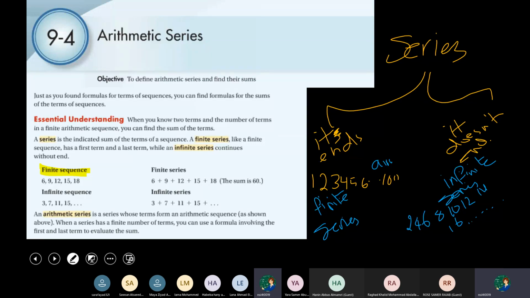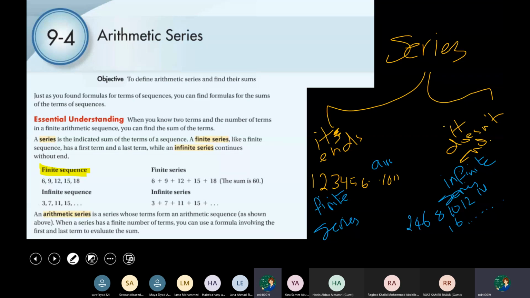As you see here, 6, 9, 12, 15, 18. They are ordered numbers. They have a common difference. They are arithmetic. But it is a sequence, not a series, and it is finite because it ends.